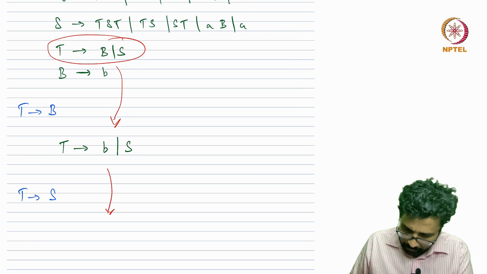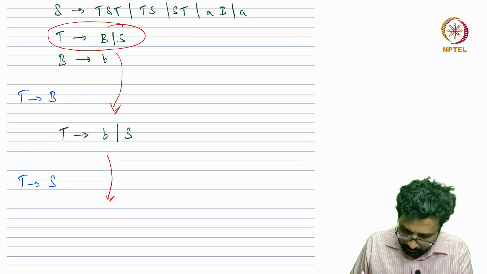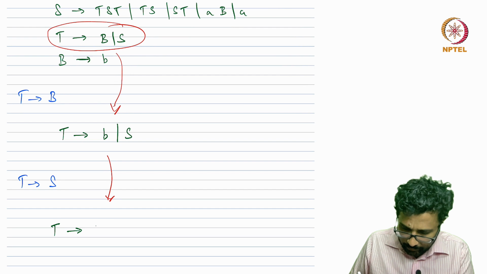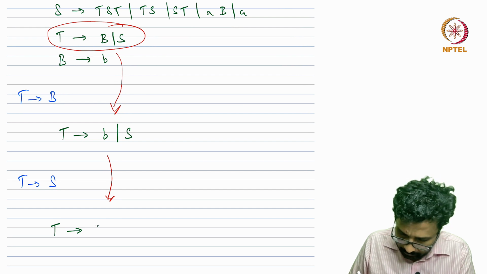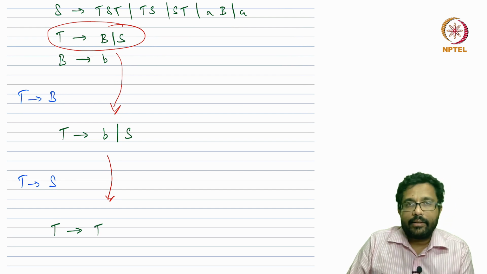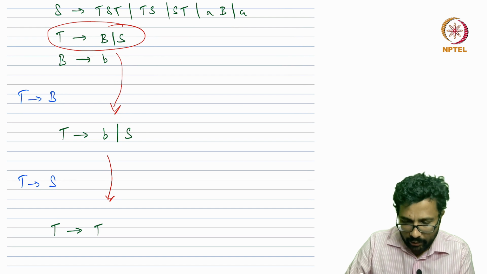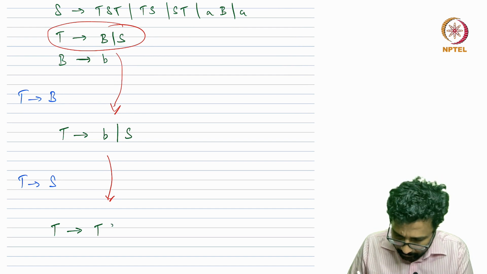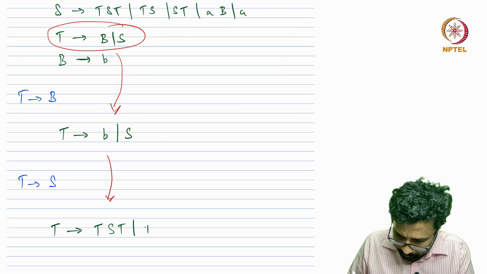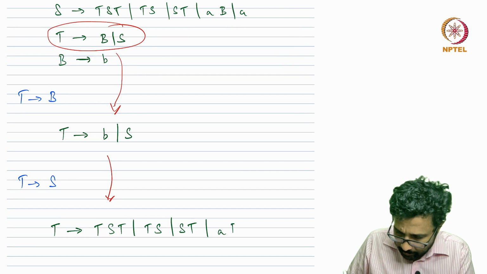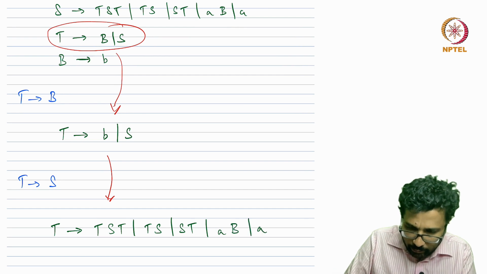So now we modify this into T gives. Let me list down all the outcomes of what T can give, what S can give into T. TST, TS, ST, AB, A, and this B also we need to include, right?